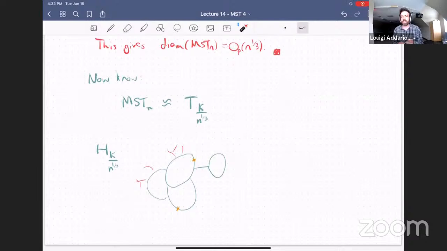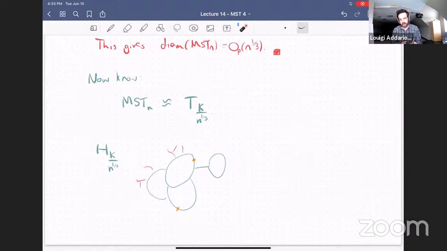Okay, and in some sense, it tells you that the complete graph is not the single most natural object to study the minimum spanning tree on. In a way, the most natural object to study the minimum spanning tree on in the mean field is a random 3 regular graph rather than a complete graph. And not even just a random 3 regular graph, but a random 3 regular graph with random edge lengths corresponding to this core.